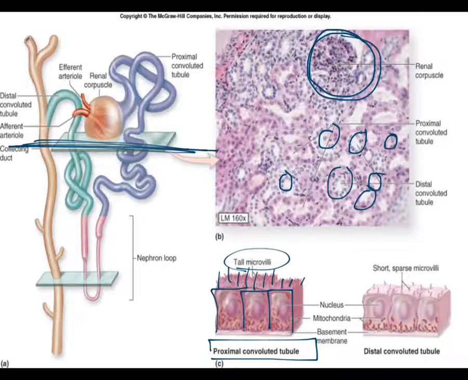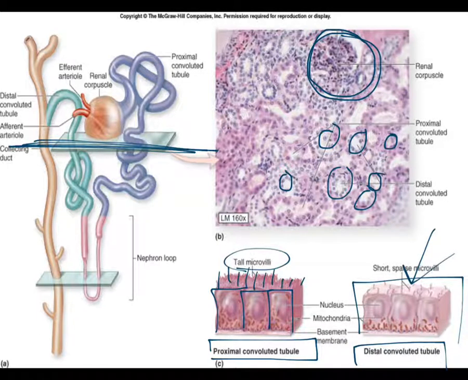So to increase that ability to reabsorb all those nutrients, these cells have a dense network of microvilli to increase the surface area. Versus, and I can't see it here, this is cartoonized, if you will, idealized, over here on the distal convoluted tubule, it looks like Grandpa Joe's head, right?